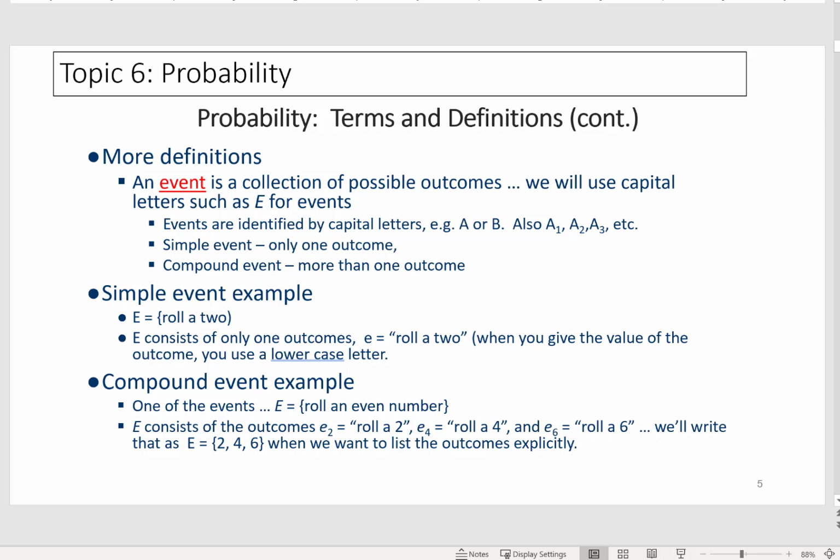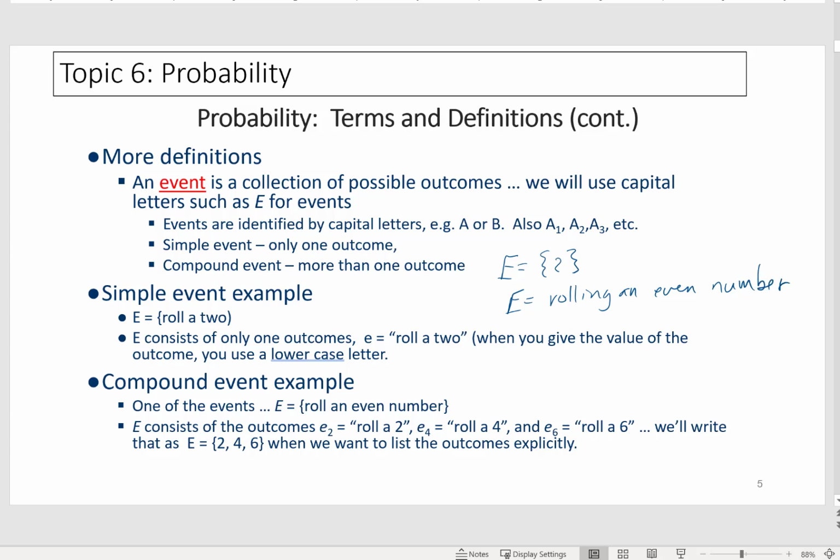So we have different types of events. When we talk about events, we use capital letters. So I could use E to say rolling a 2. I could write it like that, or I could say E is rolling an even number.